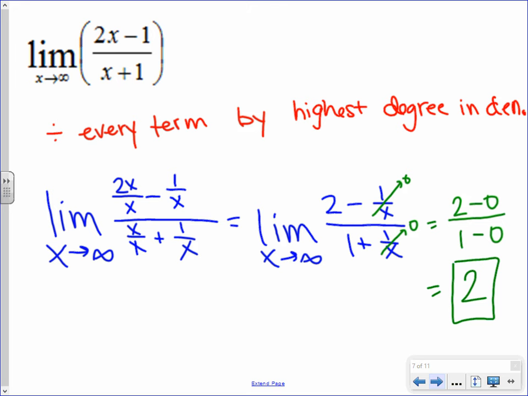I like where you're trying to go with that, Austin, but you still said infinity over infinity, and we can't think about that as canceling out. Infinity is not a number, so they can't just cancel out to be 2. Okay? I want you to think about the graph. What kind of graph is that?